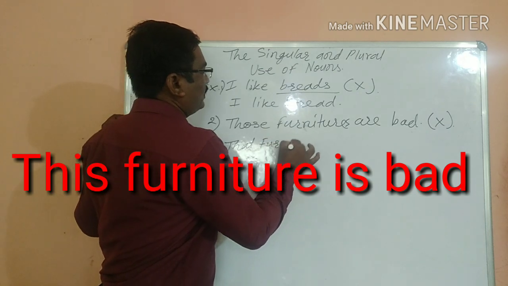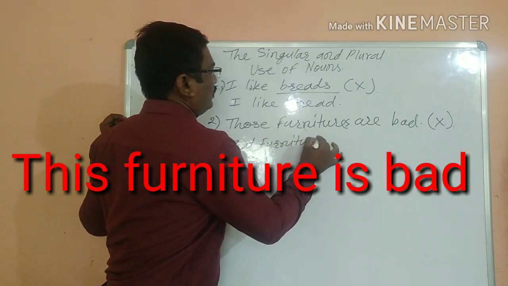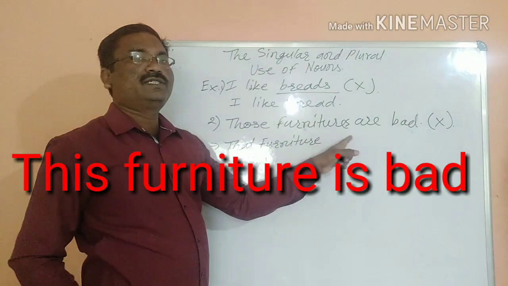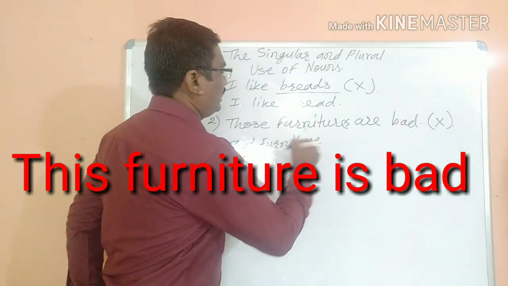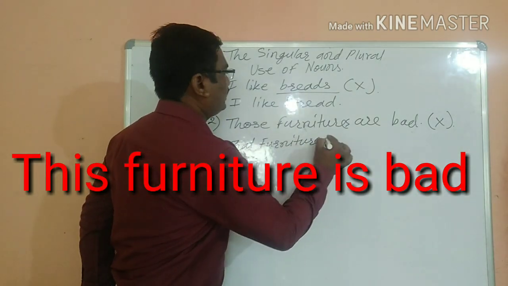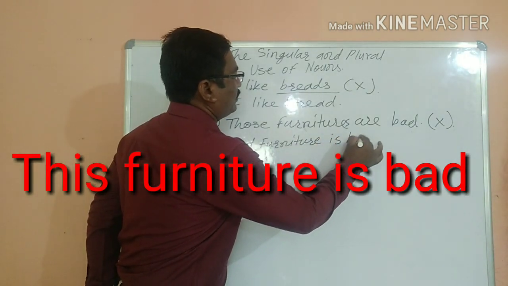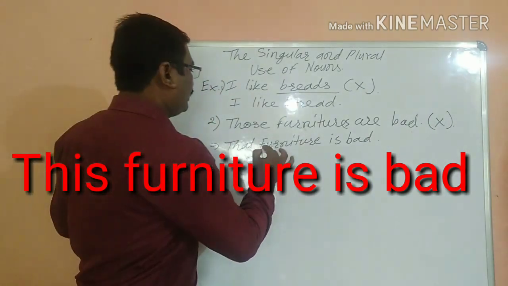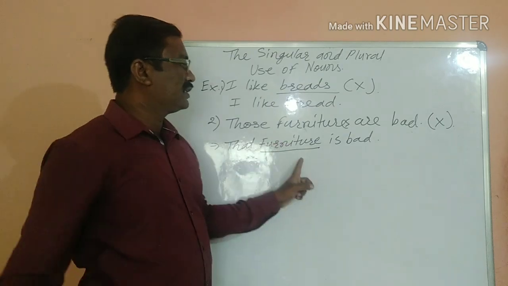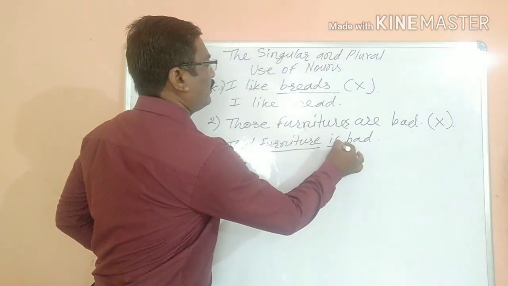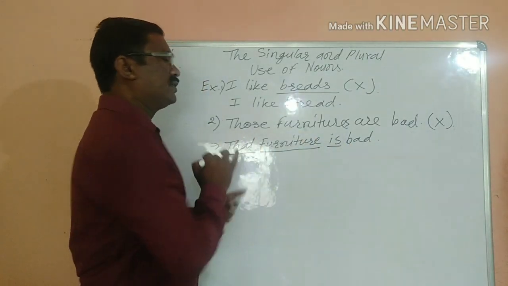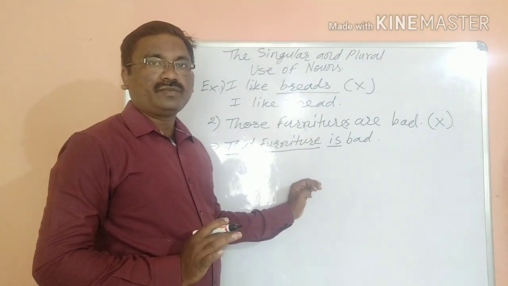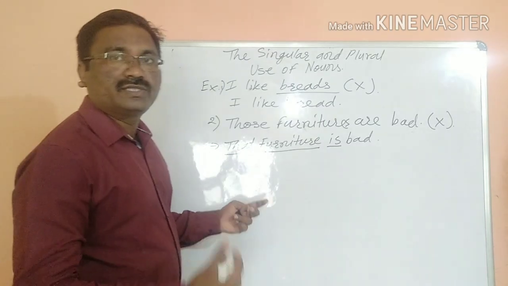Here you can't use furnitures. You should say, that furniture is bad. We should use uncountables as singular. The verb also requires singular, and the determiner also requires singular. Understood? Okay, next rule we are going to see.